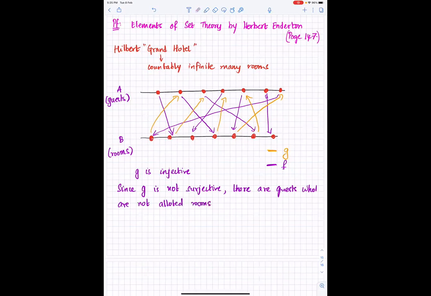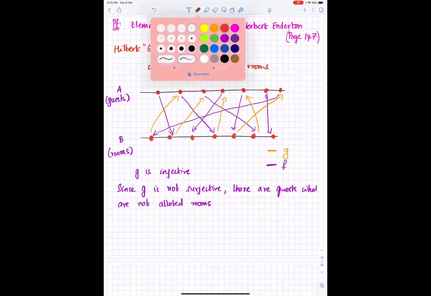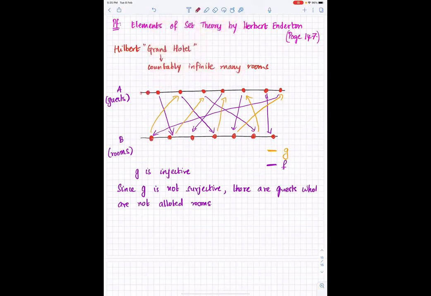So for example, let's look at this. Let's put a couple of numbers here. They all have arrows, but there are these guests who are not allotted rooms by the function g.